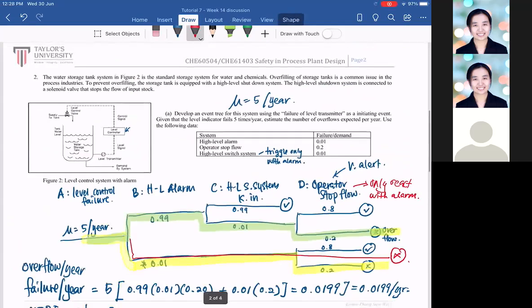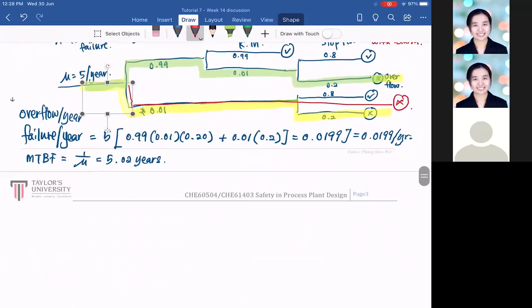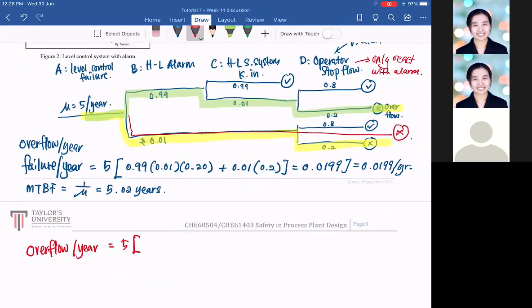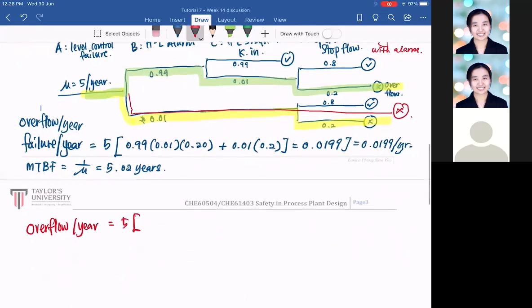The overflow per year for the second scenario will be, the first route is still the same, when the alarm rang, the operator will react. So you get 0.99 times 0.01 times 0.2 plus the last part is 0.01. That's it.